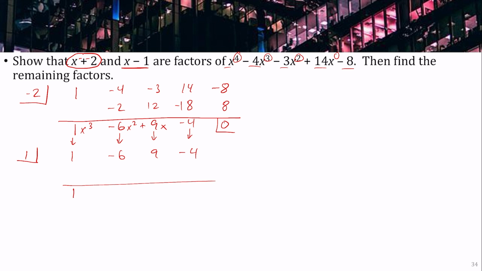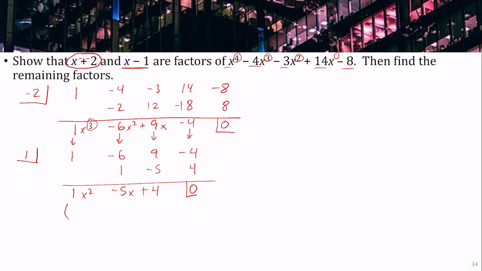Bring down the 1, multiply 1 times 1, add, multiply 1 times negative 5, add, 1 times 4, add, oh look, that's also a 0. So that was x cubed, so now we're at 1x squared minus 5x plus 4.